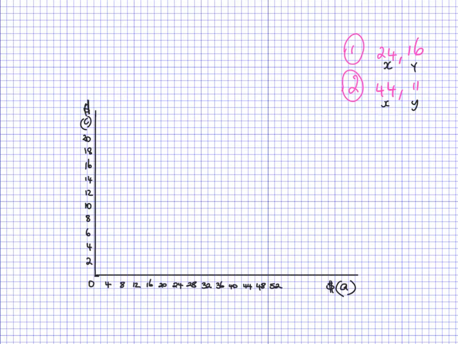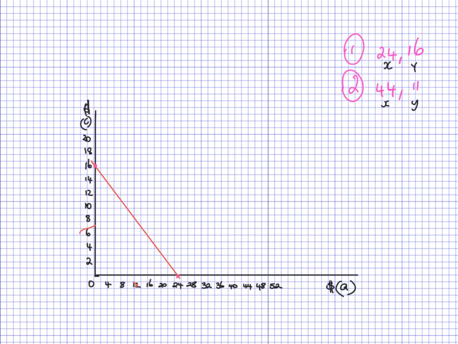Okay, so let's go ahead and graph. I'll choose pink again. So for family 1, we go across our X, right there is 24, and then we go up to our Y-axis, which is 16. Now we can get out our ruler and rule our line. Okay, so there we go, there's our line.